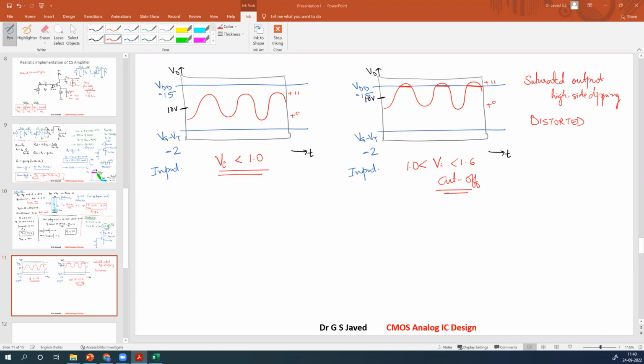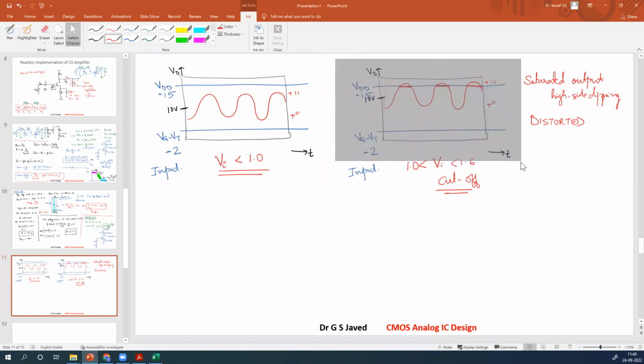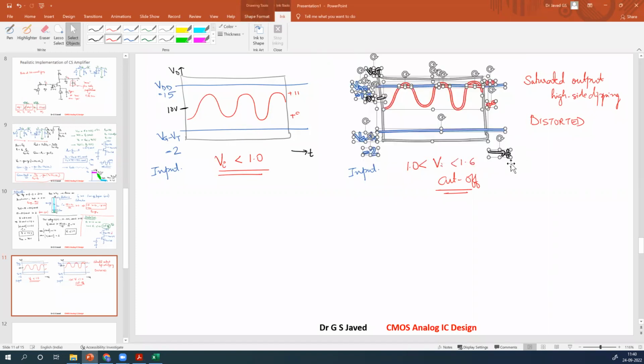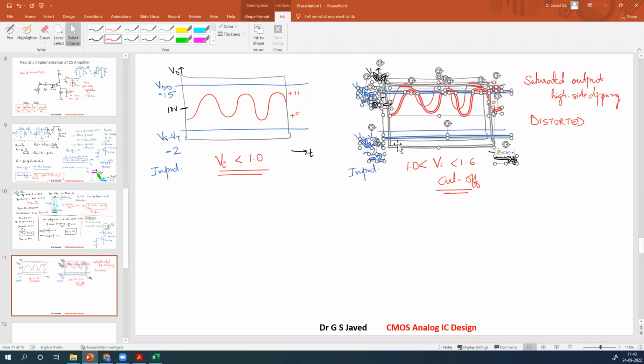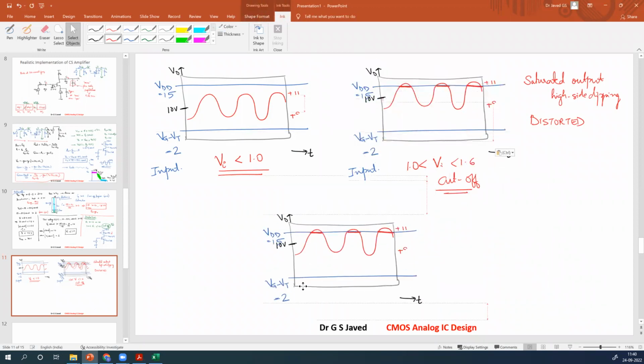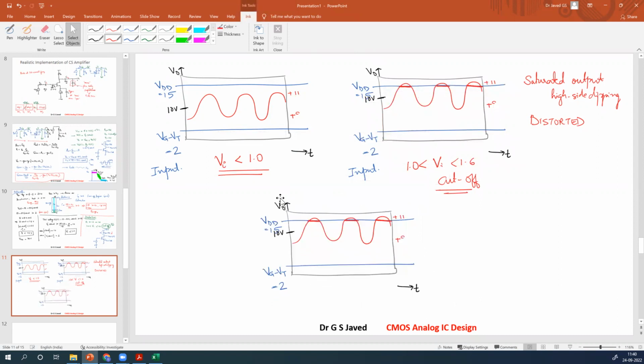Now what happens when Vi is beyond 1.6? What happens when Vi is greater than 1.6? You will see a unique phenomenon.